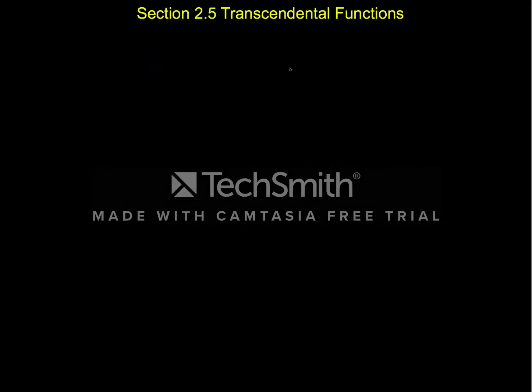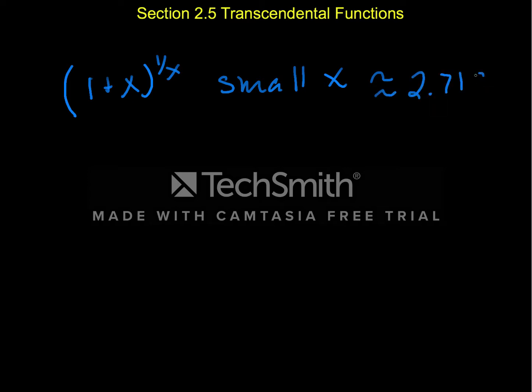So in that graph, we were investigating the values of (1 + x)^(1/x) for small values of x. And we saw that it got close to some number, 2.718, and then, as I suggested, that keeps going.